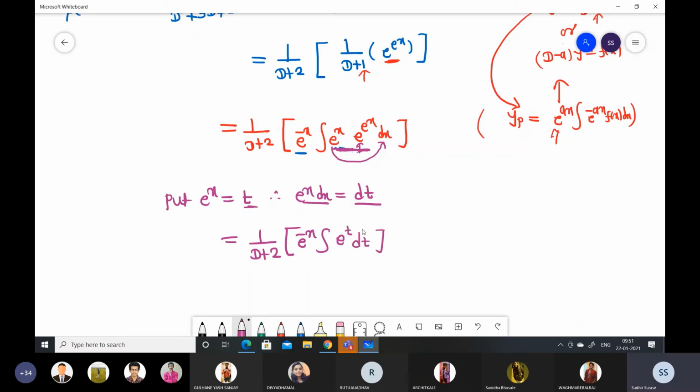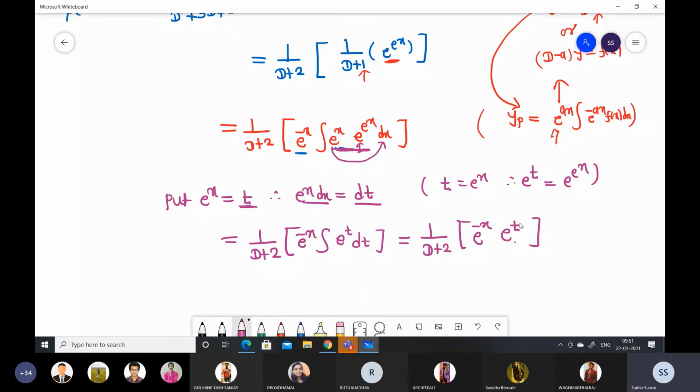Okay, and now it is very simple. So therefore it is 1 upon d plus 2 and this exponential term e to the power negative x, and integration of e to the power t will be e to the power t and bracket complete. But what is the value of e to the power t? If we do back substitution, if t is e to the power x, then e to the power t will be e to the power x.